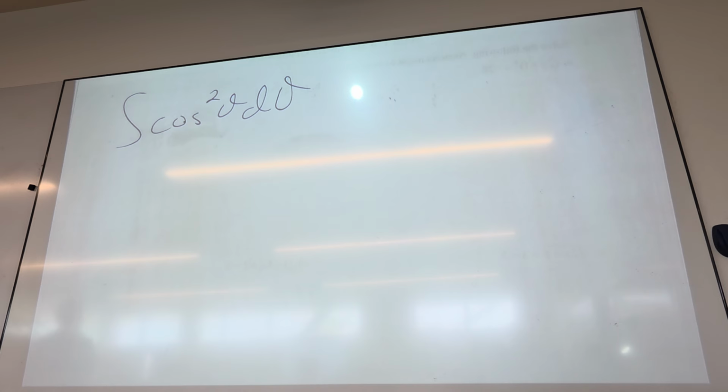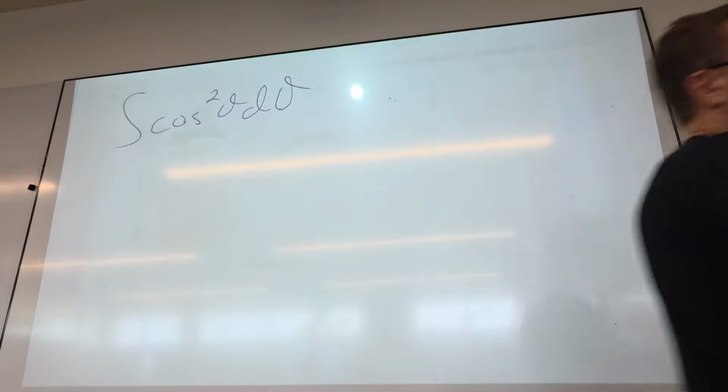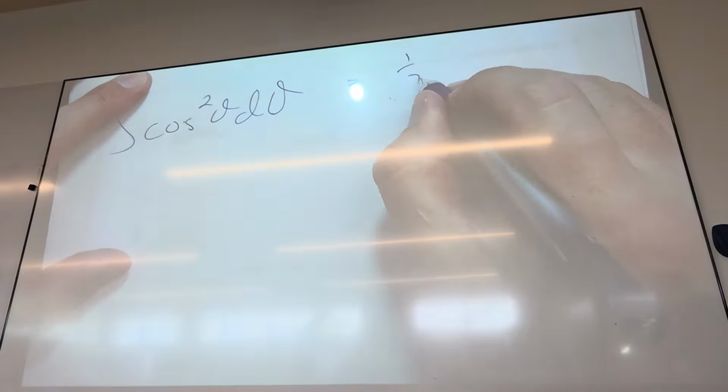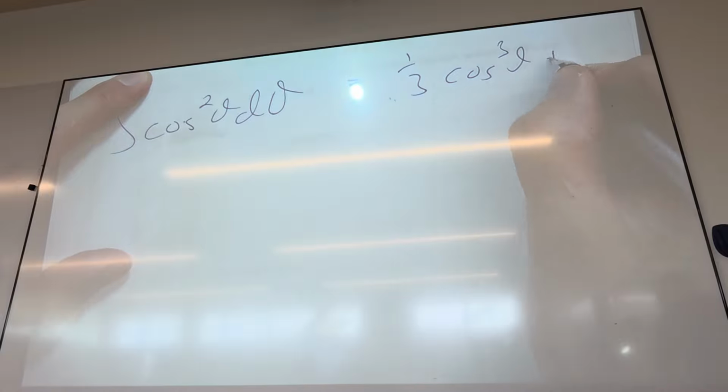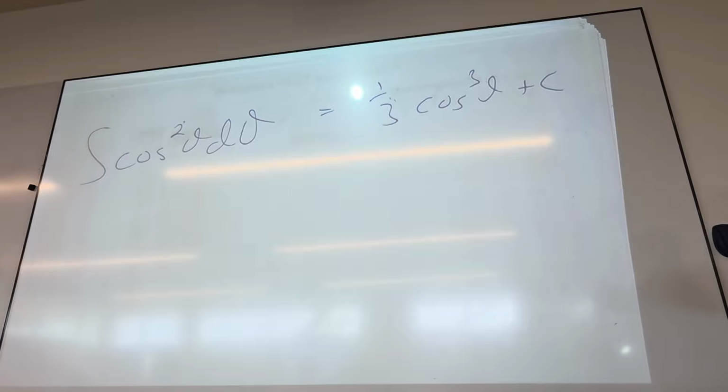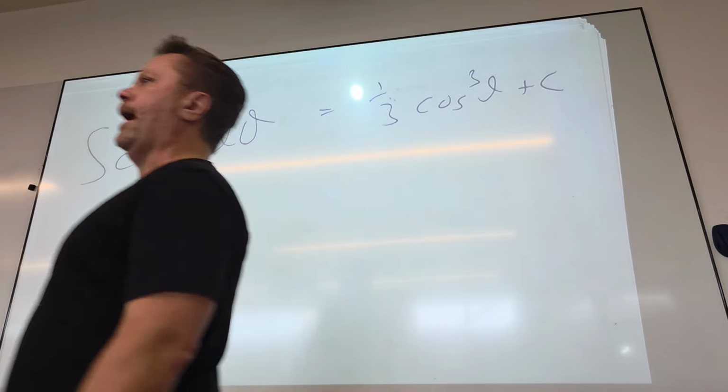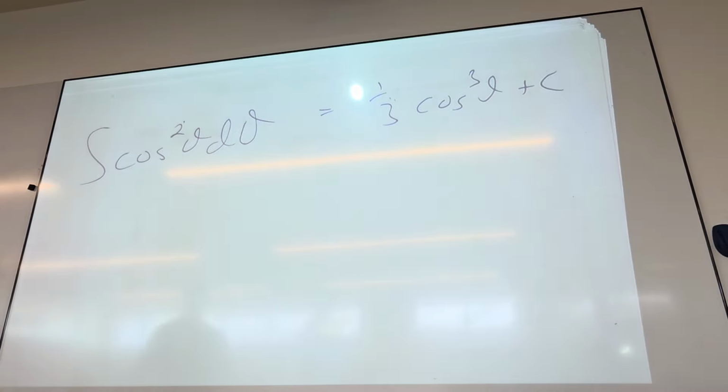I always get somebody telling me that the answer is one third cosine cubed. I want to address this directly. Does anybody see the issue with saying it's just this? They just raise the power. What's the only function that acts that way? It's the only function that's got that rule to it. Polynomials. Is this a polynomial? No, it's going to be much worse than that. Do you see what I'm saying?